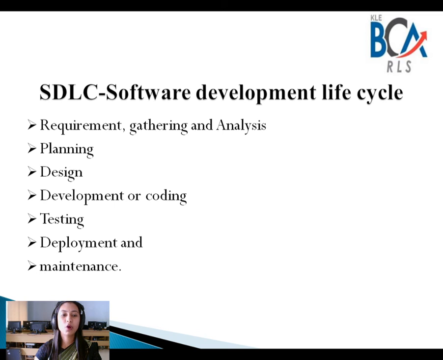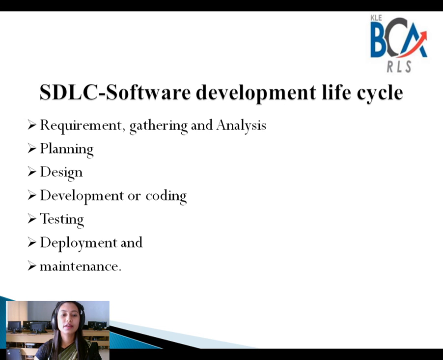Then comes the deployment phase, where you actually deploy the software to the client machine. After this comes maintenance. After deploying, there may be some changes happening in the customer's environment. At that time you will go and fix those errors or any system constraints and maintain it.